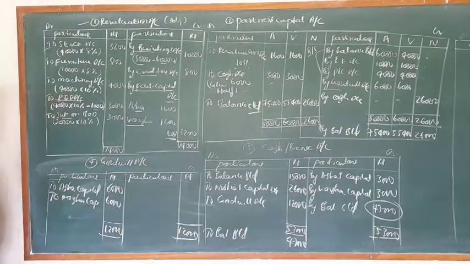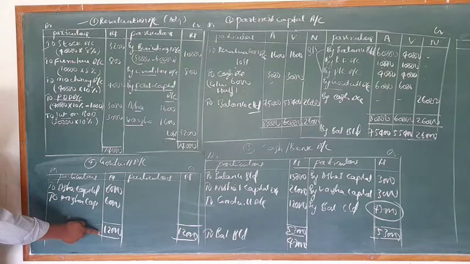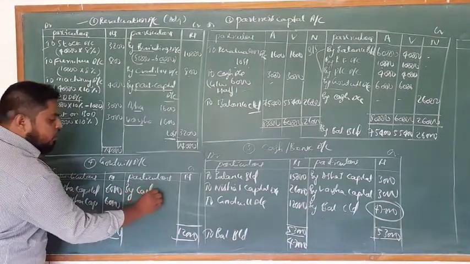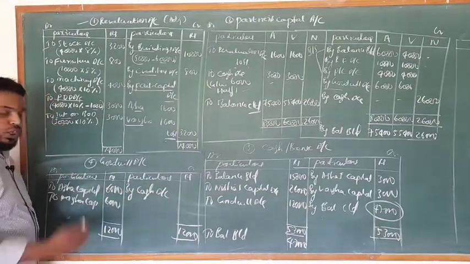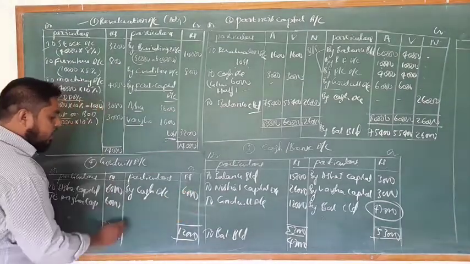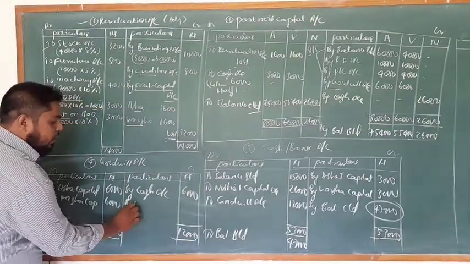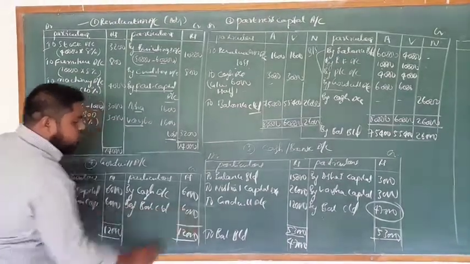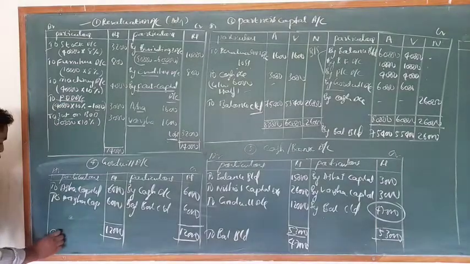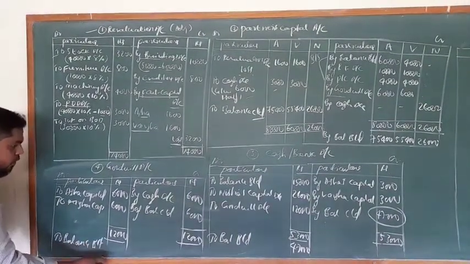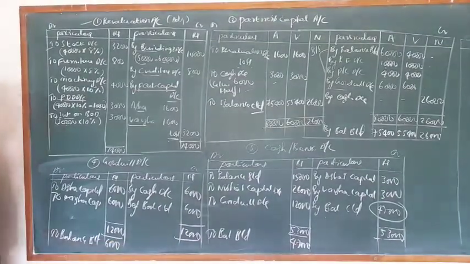So new partner Nisha has brought total 12,000, that we have shared among the old partners, and half the amount, that is 6,000, is withdrawn by the old partners. Now the remaining balance, balance carried on, is transferred to the new balance sheet, to balance brought down, that is 6,000.